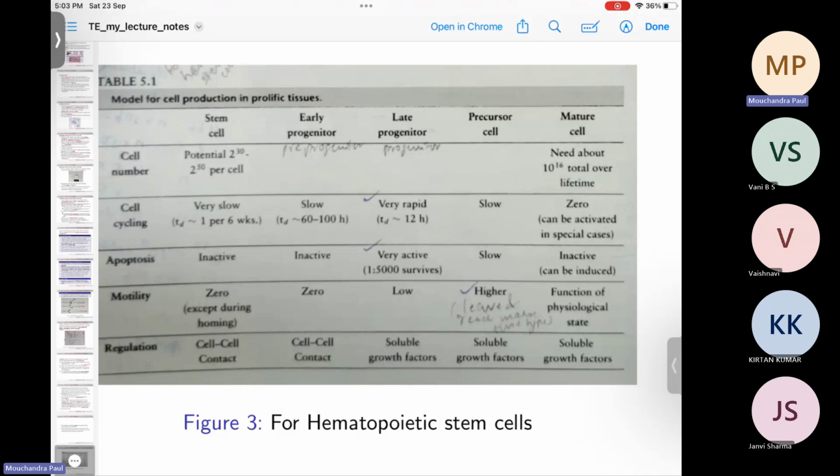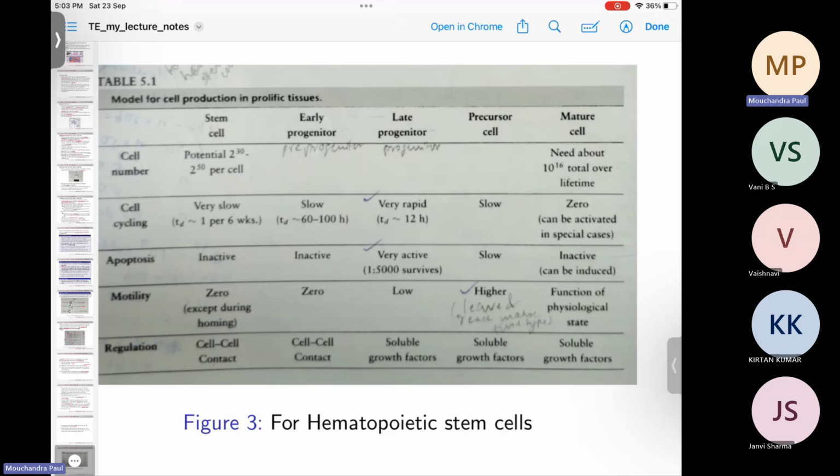Then cell cycling rate, like I told you, the pre-progenitor cell cycling is very slow, whereas the progenitor cell cycling is very fast. Apoptosis, how it is going on, then motility. The precursor cells have a very high motility, because at this stage they are ready to leave the bone marrow, because immediately after the precursor cell, a mature cell is formed, correct?